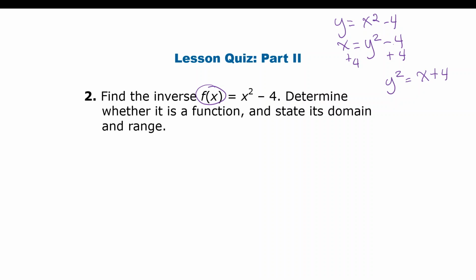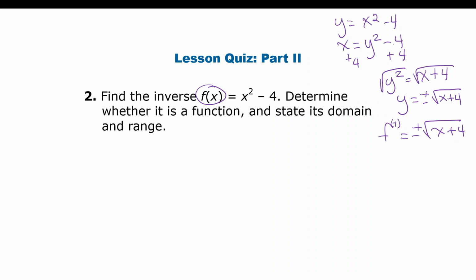And now to get rid of our square here, we're going to square root both sides and end up with y equals plus or minus square root of x plus 4. And then to rewrite it in function form, f inverse of x, that tells us it's the inverse, equals plus or minus square root of x plus 4. So there we have our inverse.